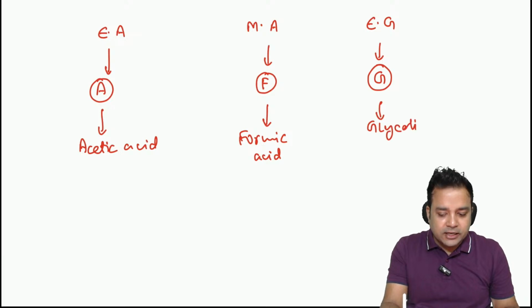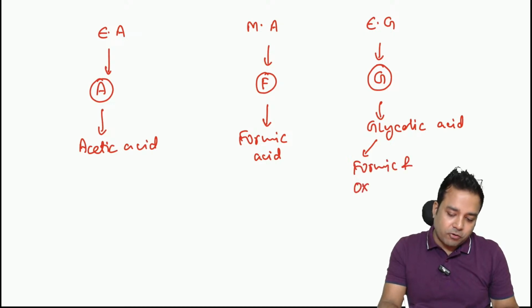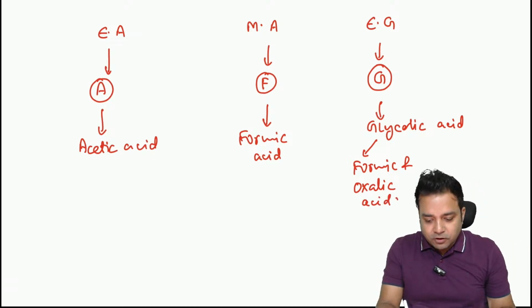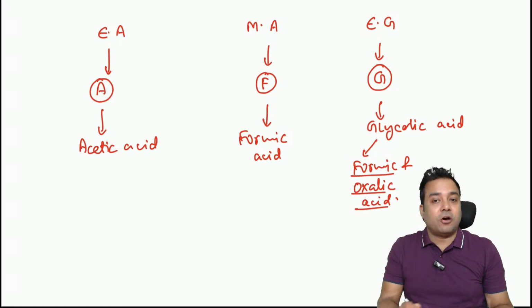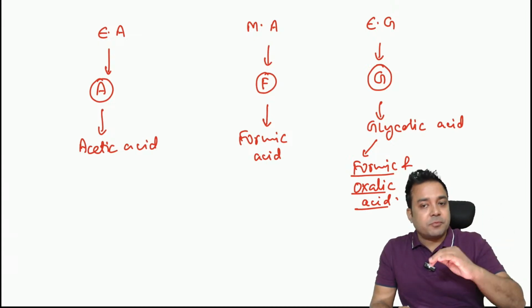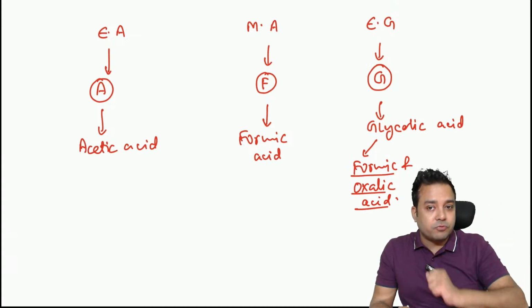But this glycolic acid is further metabolized into formic and oxalic acid, and this is how ethylene glycol poisoning can present with oxalic acid poisoning, because it is one of the terminal metabolites along with formic acid.